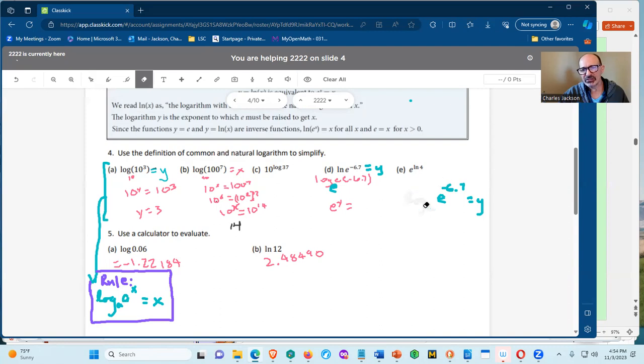Part D is formally the same thing as part A. In fact, part D, you can just use this rule to do. It's the same thing as A with different numbers.